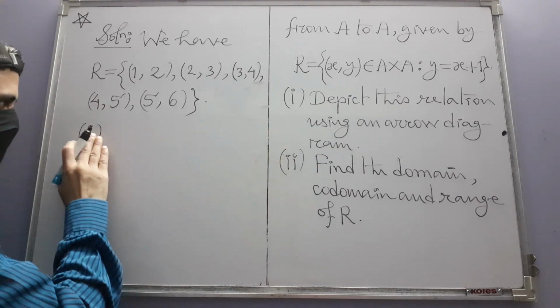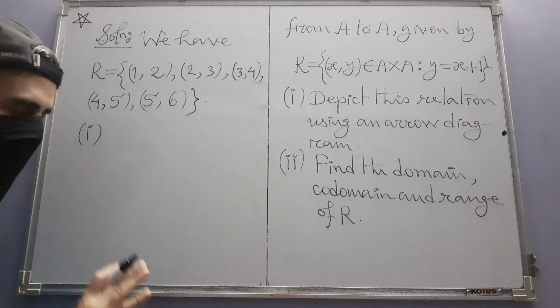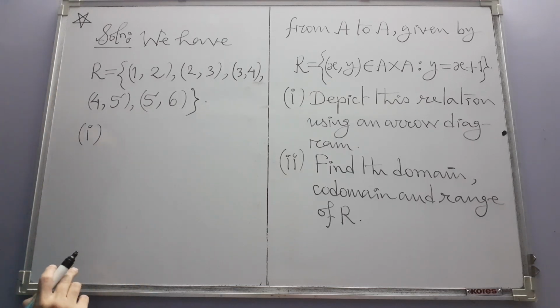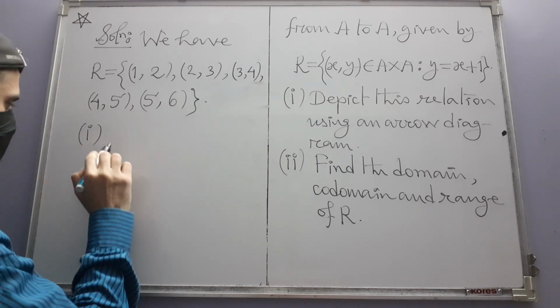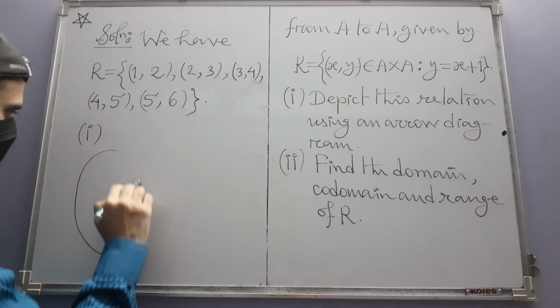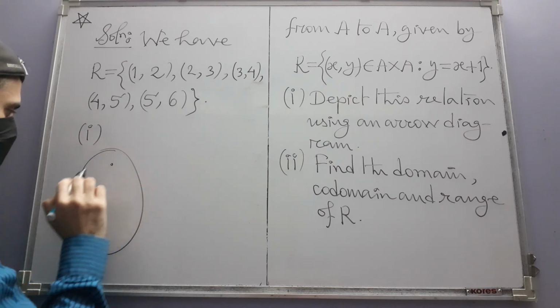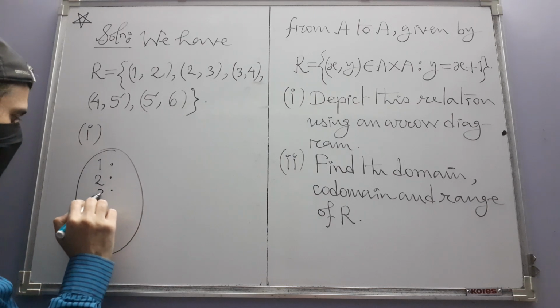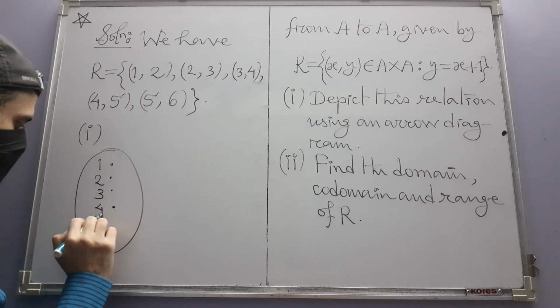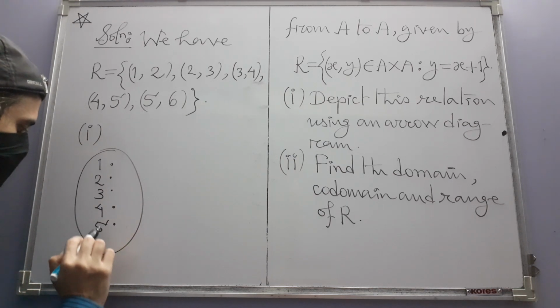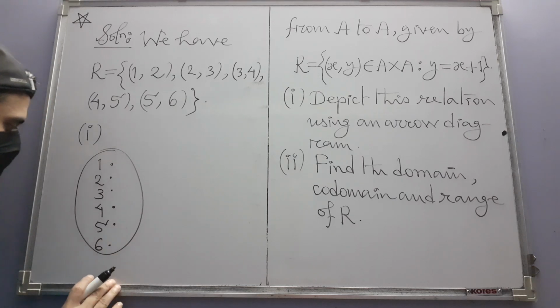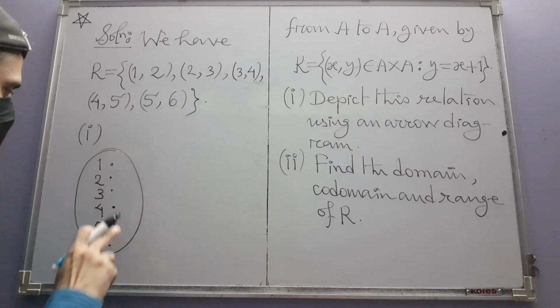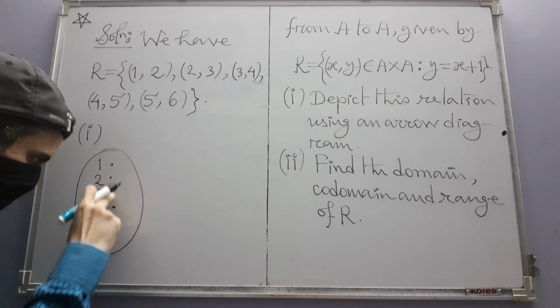You can write the sentence, the following is the arrow diagram of the relation. I am not writing those things. Two, 3, 4, 5 and 6. There is no hard and fast rule that you should always write like this.